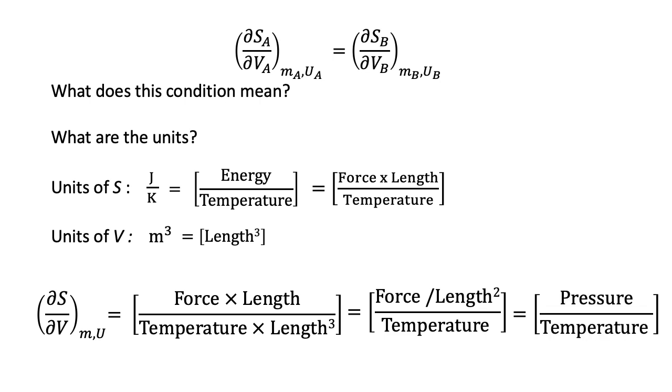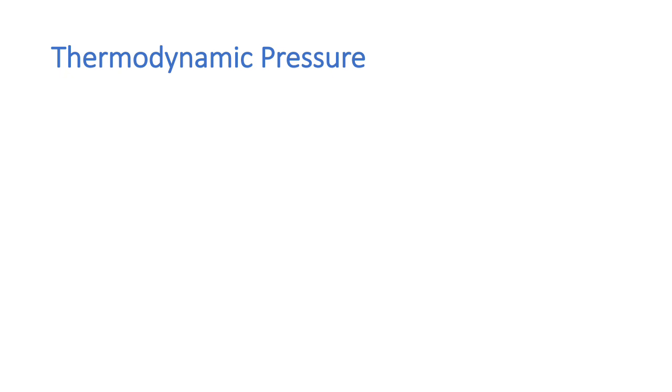And force per length squared we know is equal to pressure. So the dimensions of dS by dV are those of pressure divided by temperature. So let us define P upon T as being equal to dS by dV holding M and U constant.